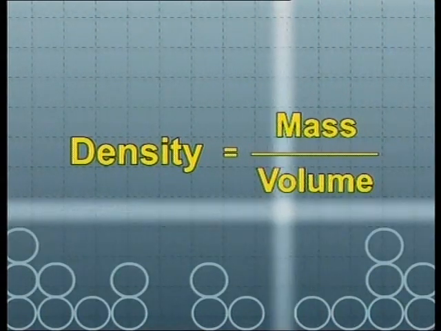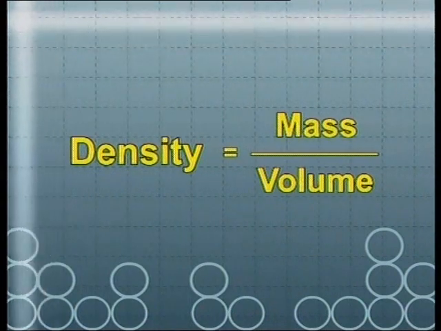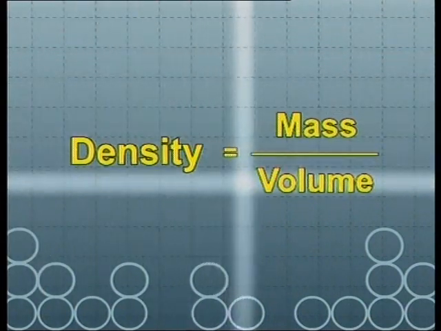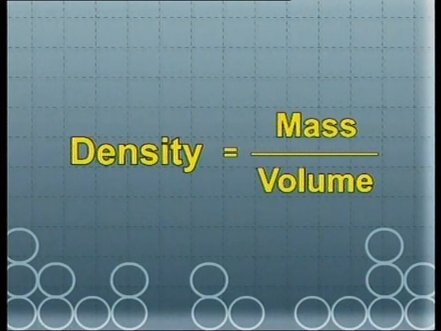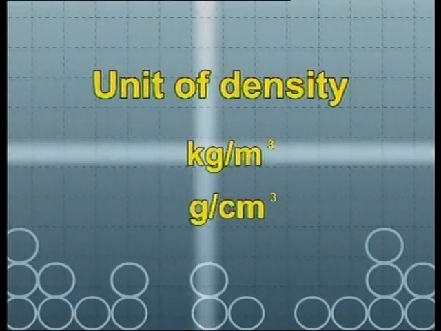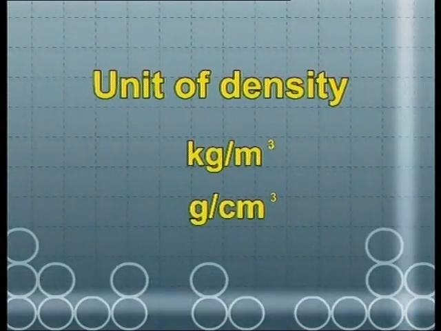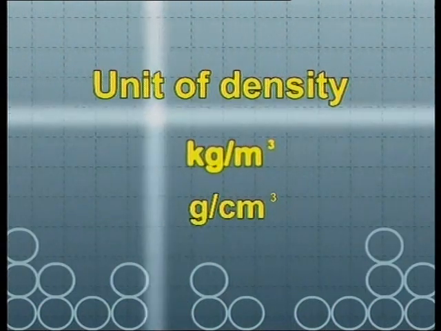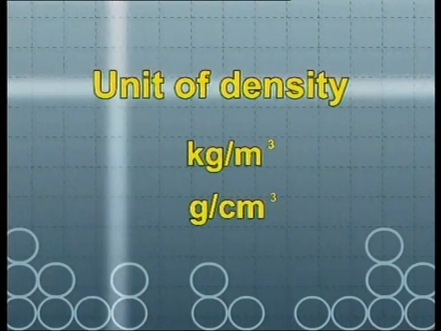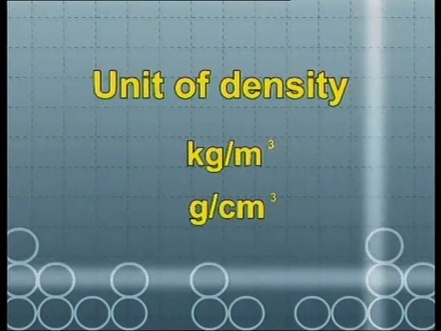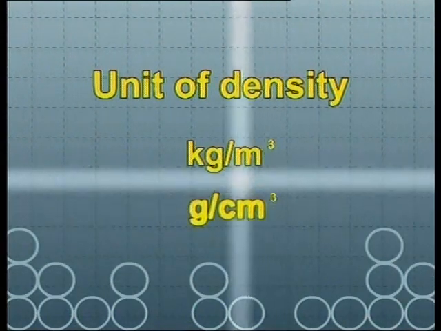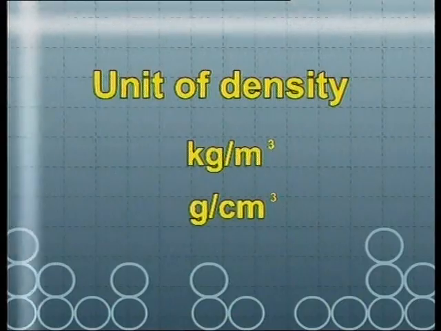Just divide the mass by the volume of the substance and we'll get the density. The SI unit for density is the kilogram per cubic meter. Another unit that is often used is gram per cubic centimeter.